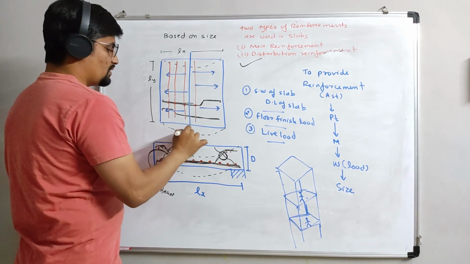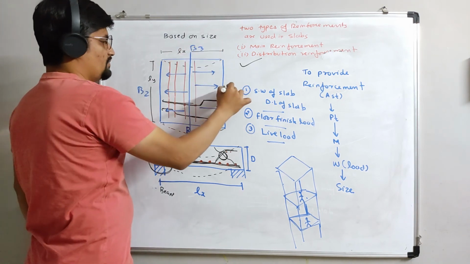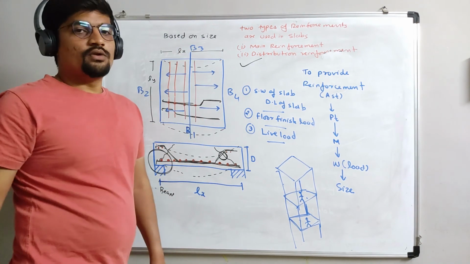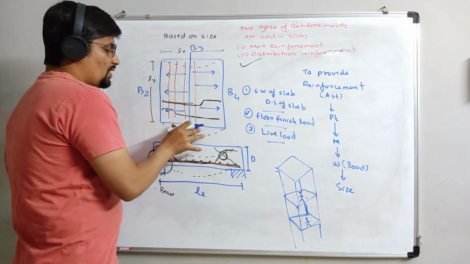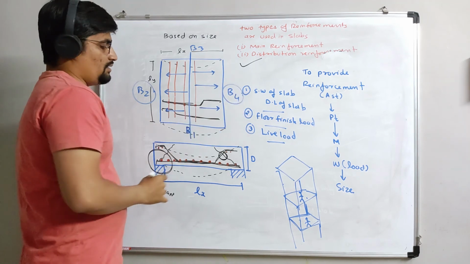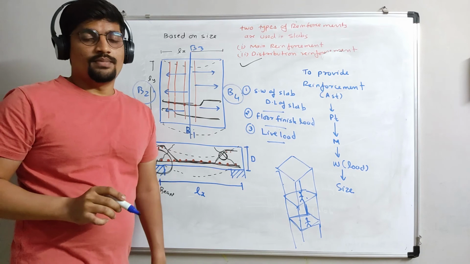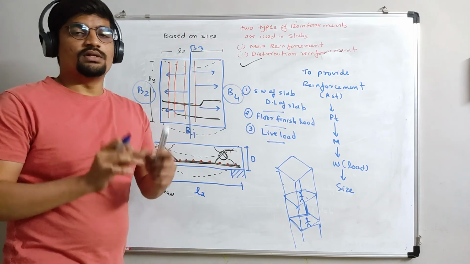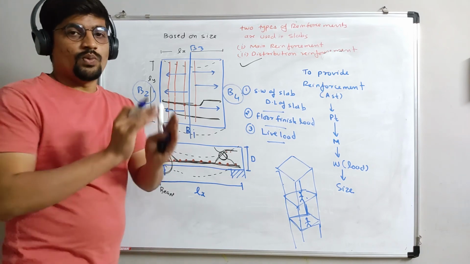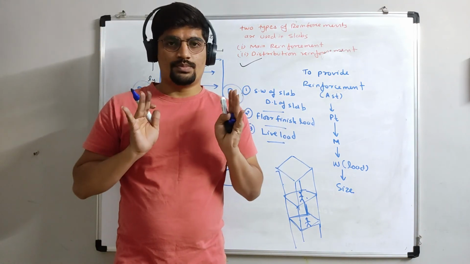If these are beam 1, beam 2, beam 3 and beam 4, then for a one-way slab the load will go only to B2 and B4. No load will transfer to B1 or B3. Why? Because the main reinforcement is only in the shorter direction. So where the main reinforcement direction is, there will be the load.